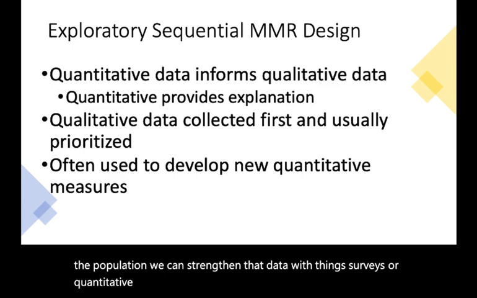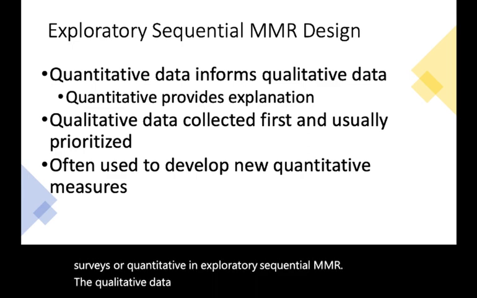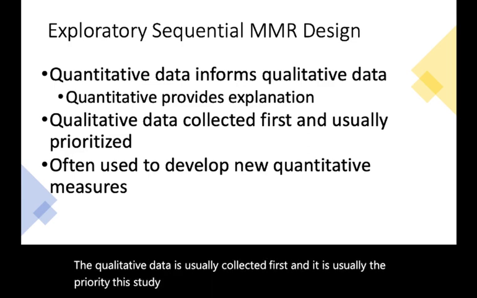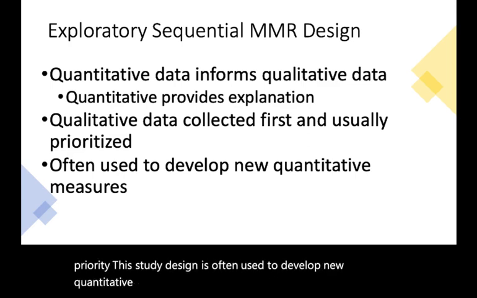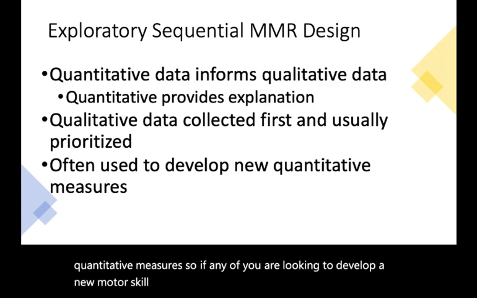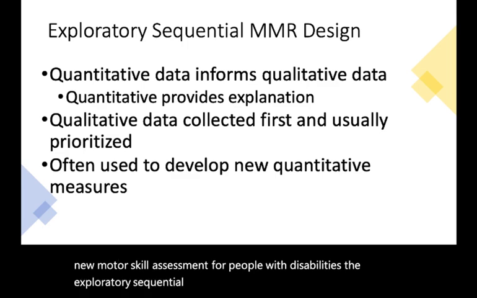In exploratory sequential MMR, the qualitative data is usually collected first, and it is usually the priority. This study design is often used to develop new quantitative measures. So if any of you are looking to develop a new motor skill assessment for people with disabilities, the exploratory sequential design might be your best bet.